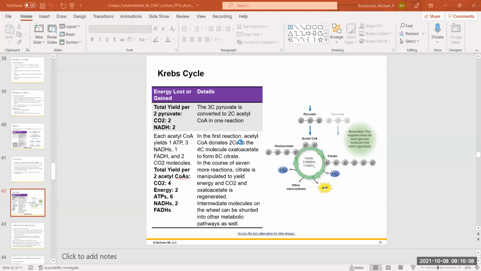The ability of the cell to integrate molecule-using and molecule-building pathways to improve cell efficiency is known as amphibolism. You take pathways that are useful for catabolism, you also co-opt them for anabolism.